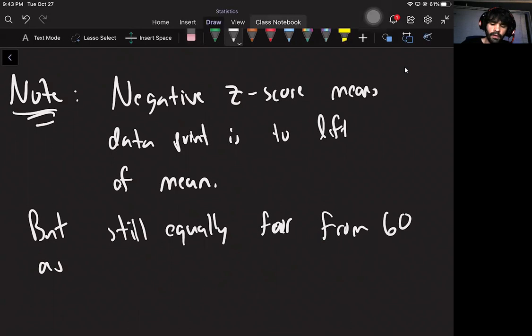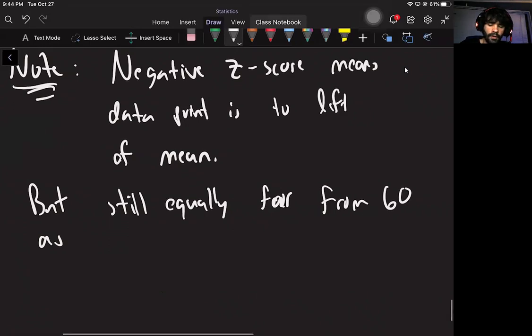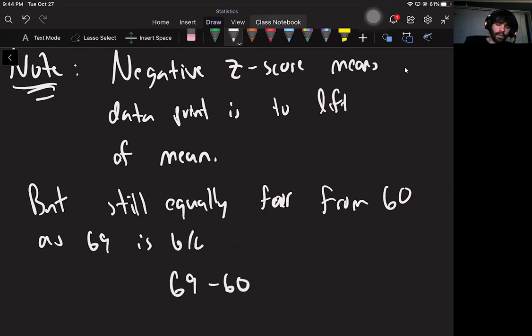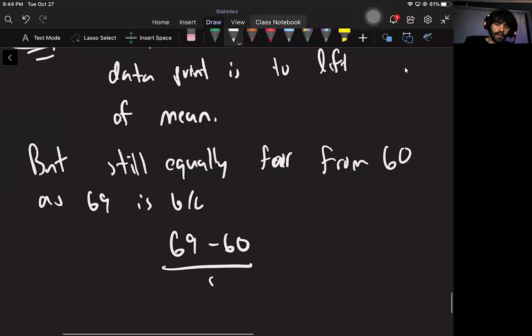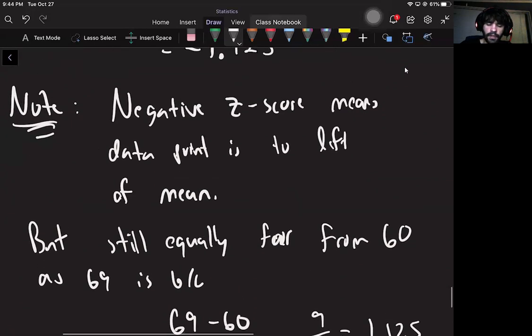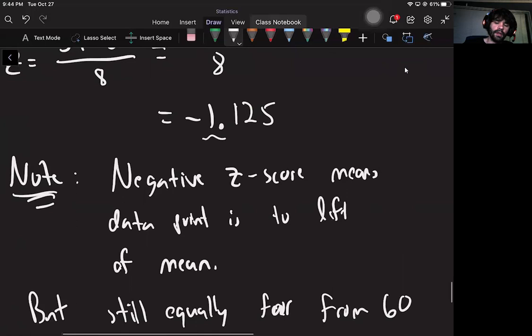So you would think of 51 as being equally as far from 60 as 69 is, because you would still get the same z-score for 69, except it would be positive. But the point is, the distance is the same. It's just that one of them is to the left and one is to the right.